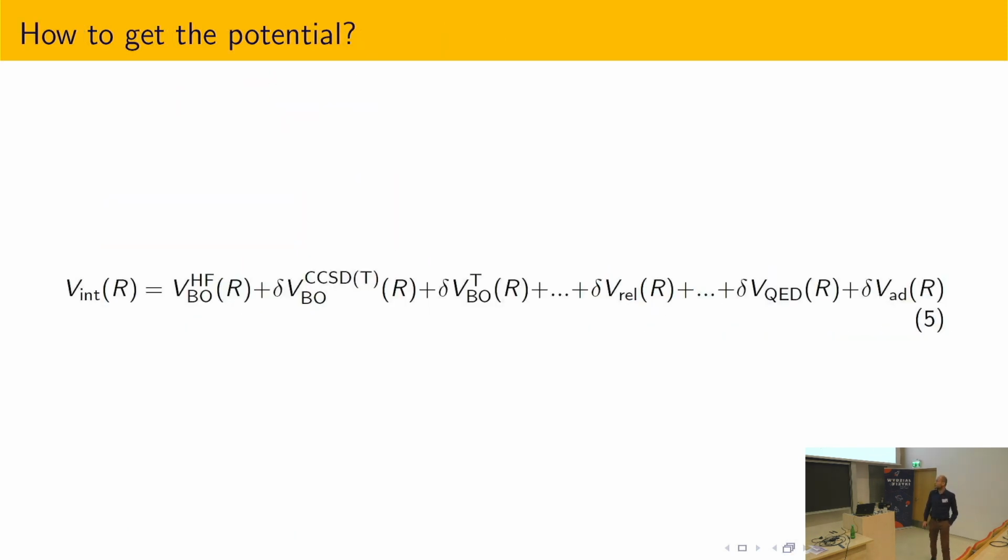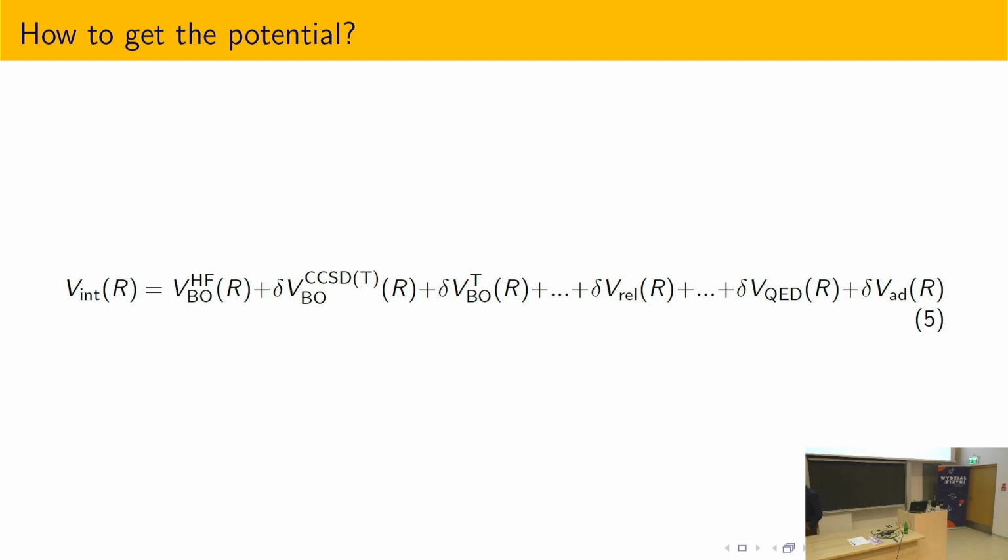The approach we are using is to represent our potential as a sum of several contributions. The first one is the Hartree-Fock energy, or in other words, the mean field approach. Then we have to include the correlation energy, and the crucial component is obtained with coupled clusters, with singles, doubles, and also some of the triple excitations.